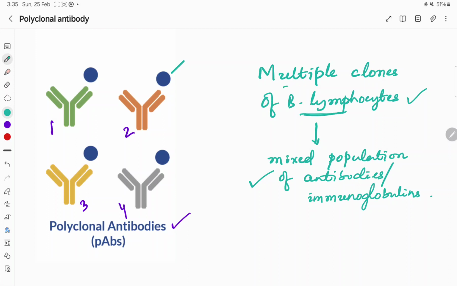With these multiple clones of B lymphocytes, we have a mixture of antibodies, say antibody 1, antibody 2, antibody 3, antibody 4, but each of them will bind to different epitopes in the same antigen.